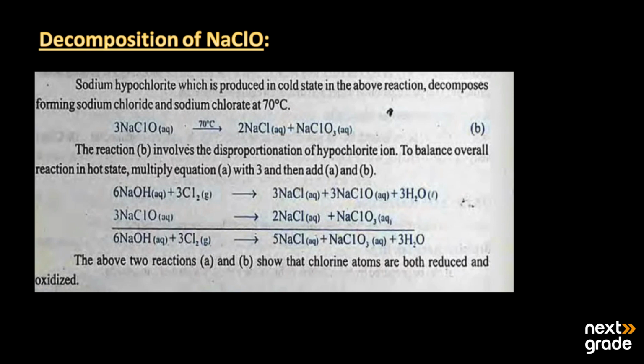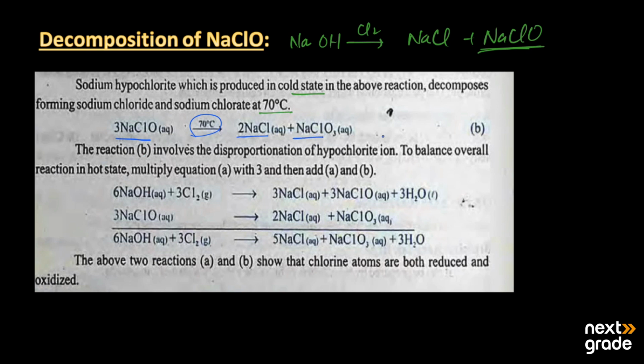The sodium hypochlorite, which is produced in the cold state from NaOH reacting with chlorine, gives NaCl plus NaClO. This compound decomposes at 70 degrees Celsius, producing sodium chloride and NaClO3.